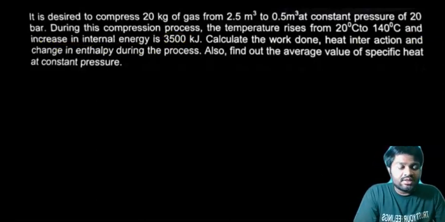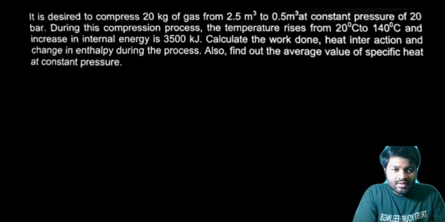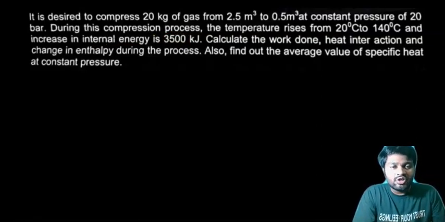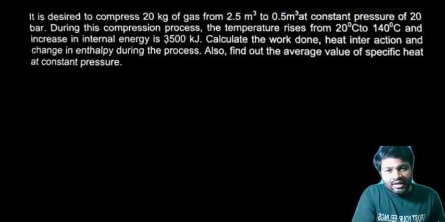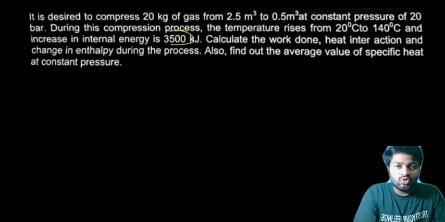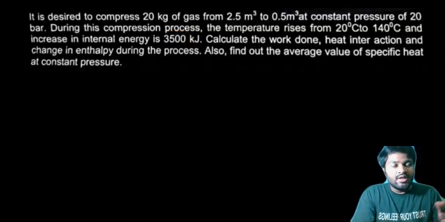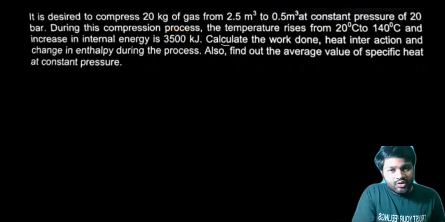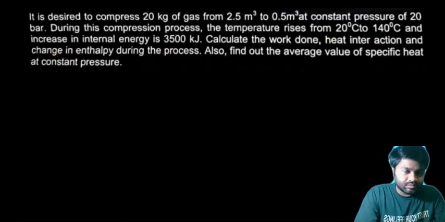Okay, so as the temperature is changing, that means there will also be a change in the internal energy, and that is the increase in internal energy, which is given to us as 3500 kilojoule. Okay, so what we need to find out: the work done, heat interaction, and the change in enthalpy during this particular process.